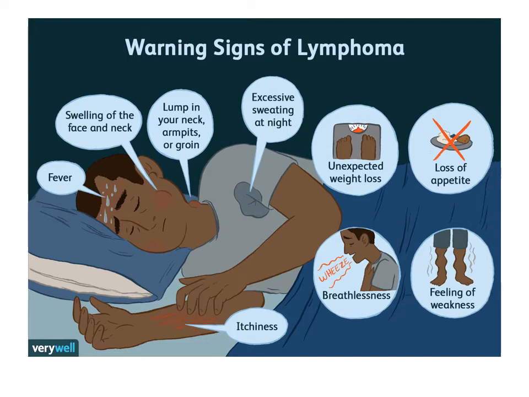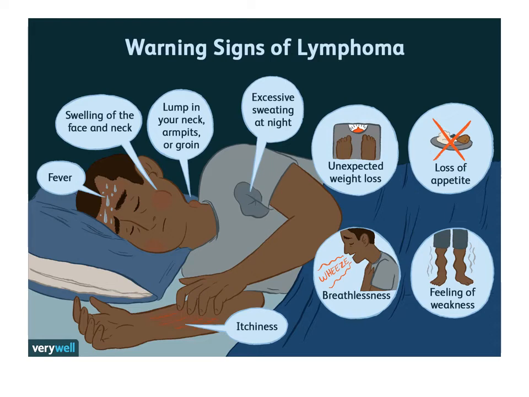Okay. Unexpected weight loss is common to many cancers, and it's aggravated by the fact that patients have lost their appetite. So cancers release a lot of mediators into the bloodstream and cause loss of appetite, which is then followed by weight loss. The feeling of weakness, well, that's going to be related to anemia.